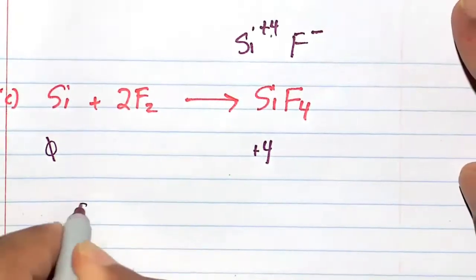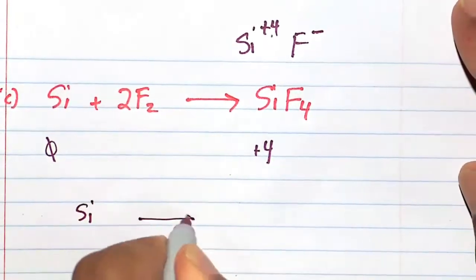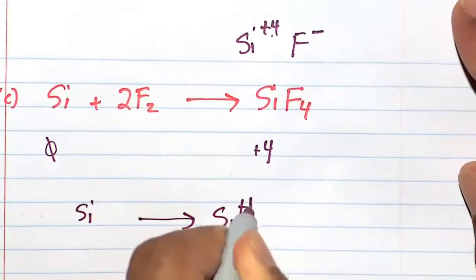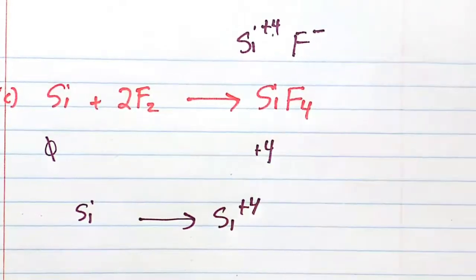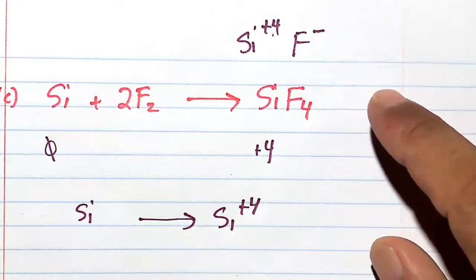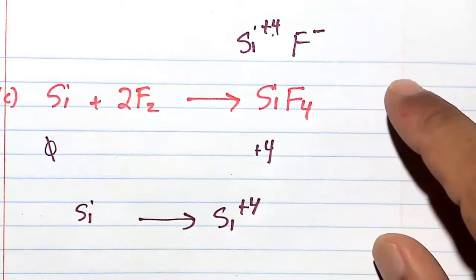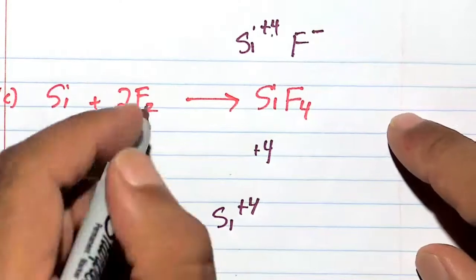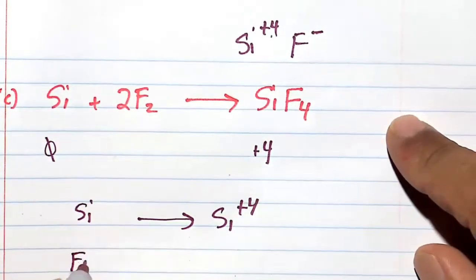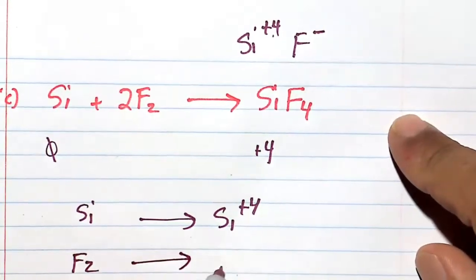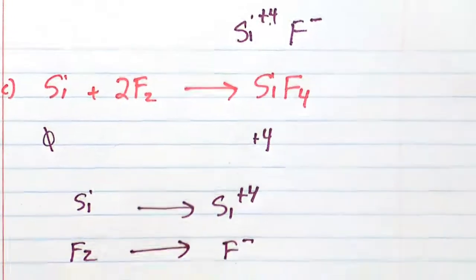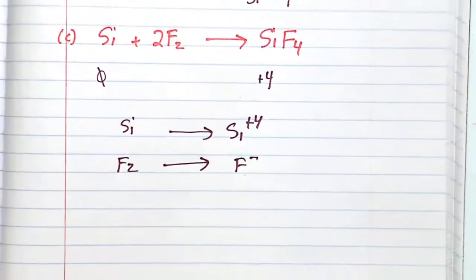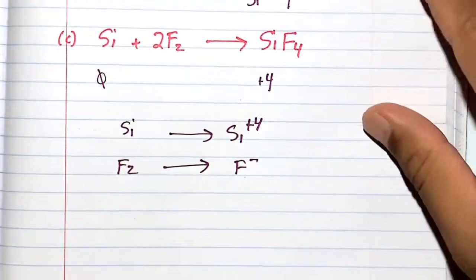So here we have Si going to Si +4. Remember, fluorine, when it's bound to any compound, ionic or covalent, will have an oxidation number of -1. And F2 definitely has an oxidation state of 0.